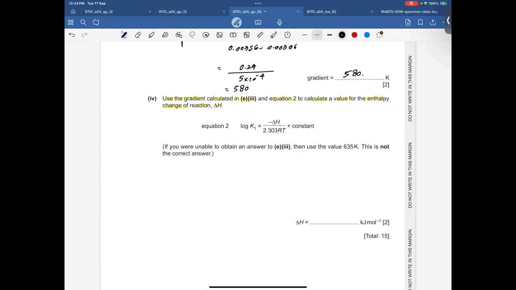So gradient is basically minus delta H upon 2.303 R. Gradient was 580. I need to find out the delta H over 2.303. The value of R is constant. It is the gas constant, which is 8.31.